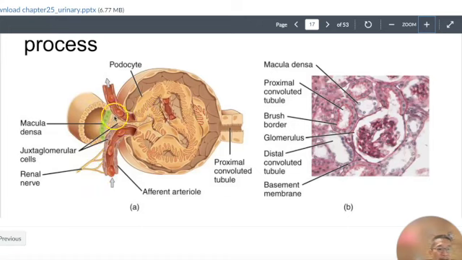Here is the macula densa, here are the juxtaglomerular cells. Here's the afferent, and this one is the efferent. And next to it, after the glomerulus, is the proximal convoluted tubule.